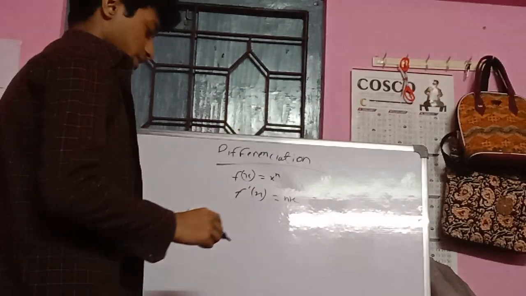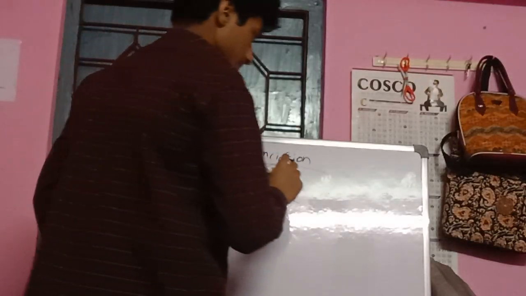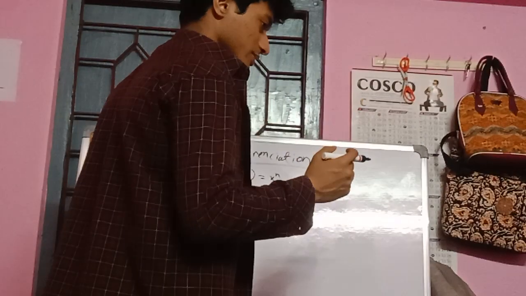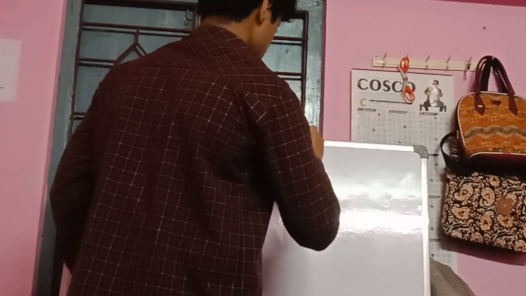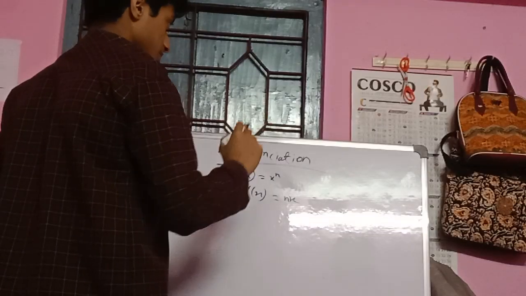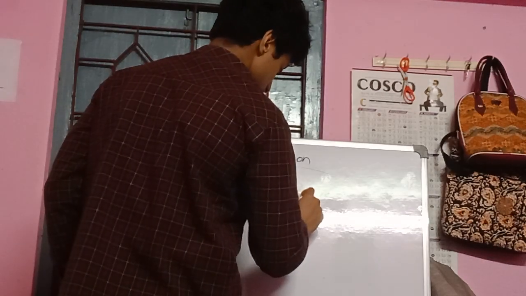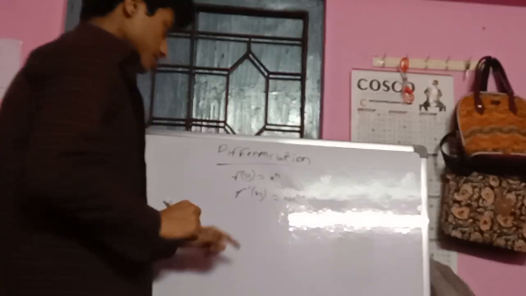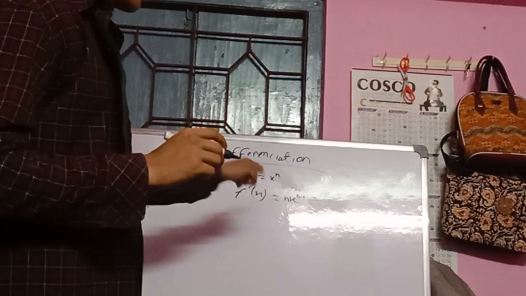The derivative of x squared is 2x. So the power of x at that moment was the original power 2 minus 1, that is just 1. So we can write it down as n times x to the power n minus 1. This is the general formula for the derivatives of polynomial functions.